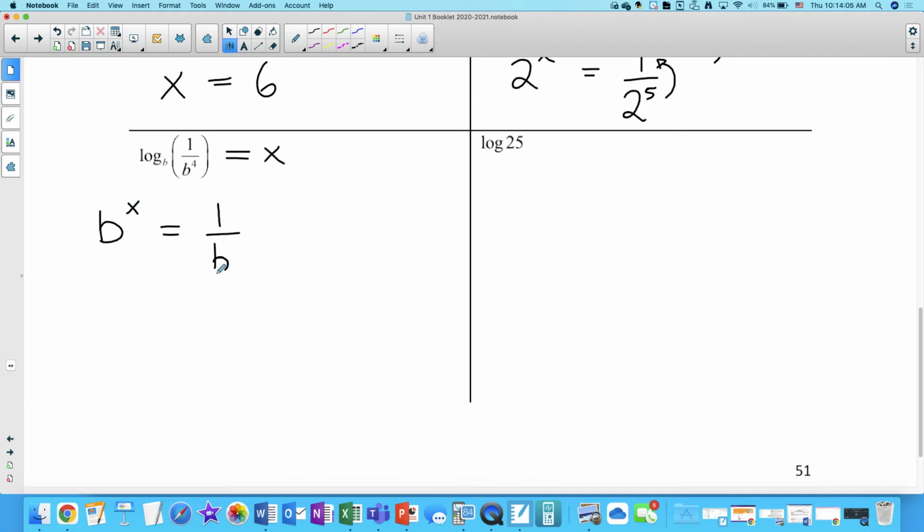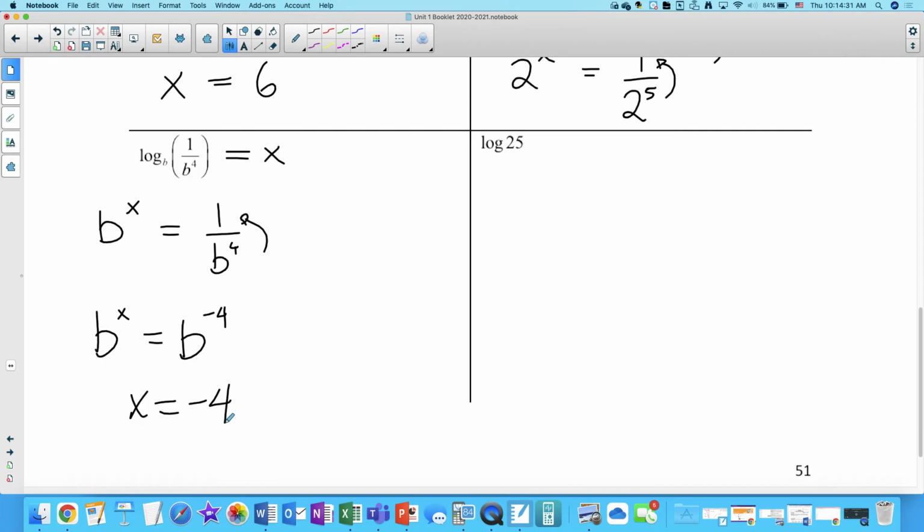Okay. Are my bases the same yet? No. How do I make the bases the same? Yeah, bring it up and make it negative, right? So b to the x equals b to the negative 4. So x equals negative 4.